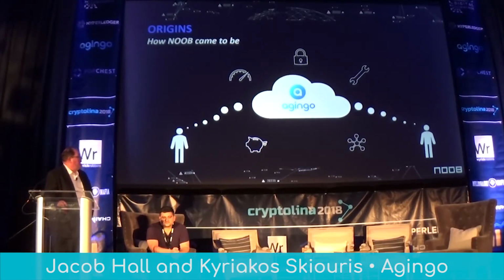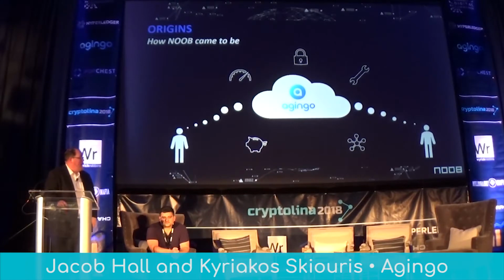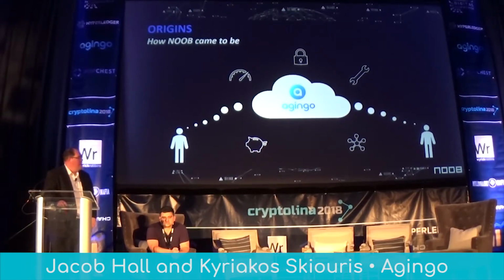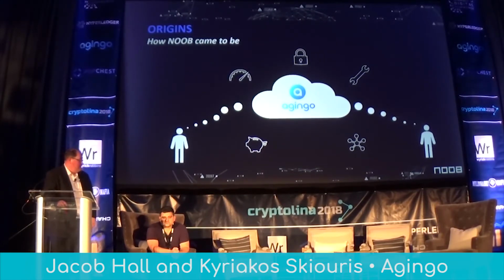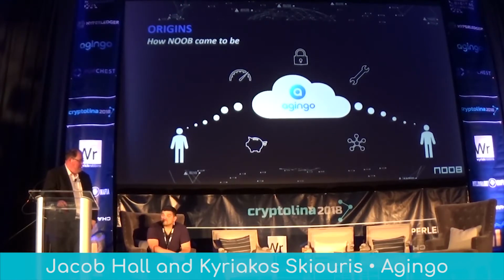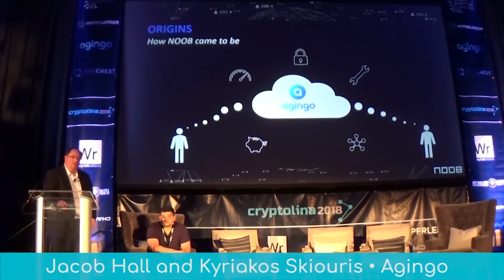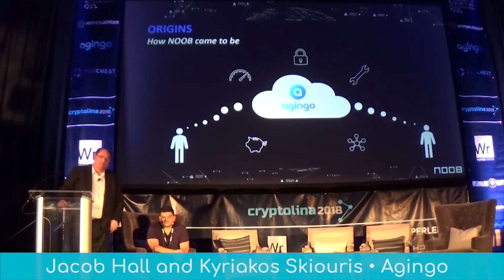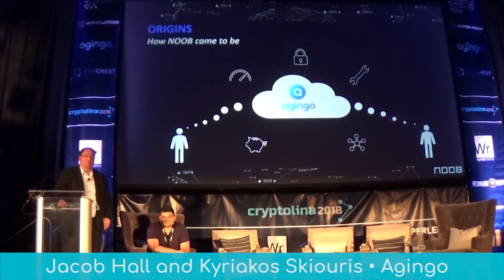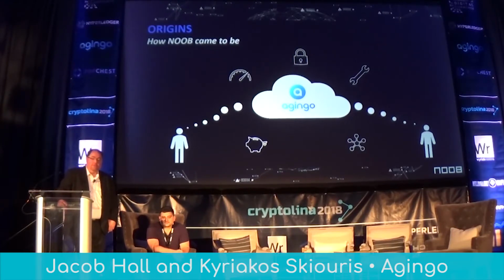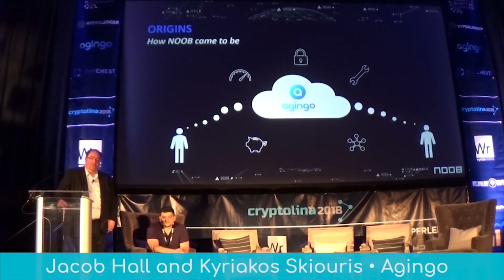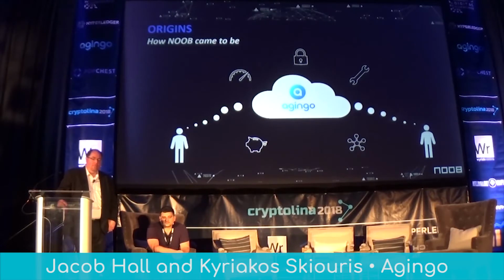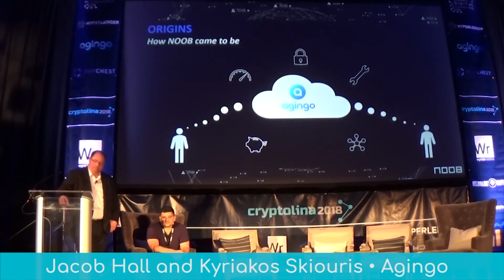So we created Agingo, and after I left Wells Fargo, I had a friend, Kyriakos, and when I left the bank, we decided to join together, and using his experience and knowledge and mine, we combined it together to build this new scalable, very secure blockchain that has utility and a lot more flexibility than what you see today.